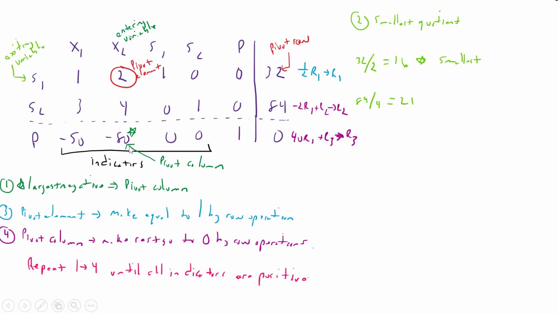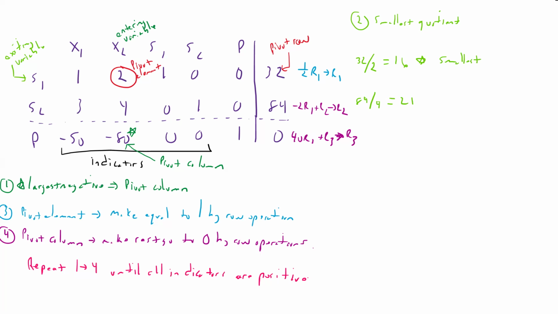Okay. And because of that, I circle this. That's my pivot element. So that's what I need to make a 1, and everything else in that column has to be a 0. So that's step 3: I need to make that a 1. And I do that by taking a half of row 1 and making that the new row 1. Okay, now we can do this like we did with matrices.